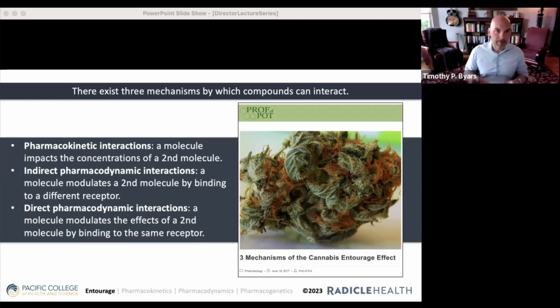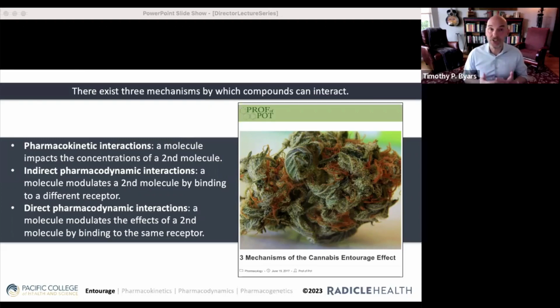So let me just stop a minute before I move on to the second two, because I want to make sure that we all understand the differences between inhibiting an enzyme and potentiating an enzyme. When we inhibit an enzyme, the enzyme doesn't work as well. It doesn't metabolize a drug. There's more drug in the bloodstream, and the risk is that there can be adverse effects because the patient can experience what they might feel like if they took too much.